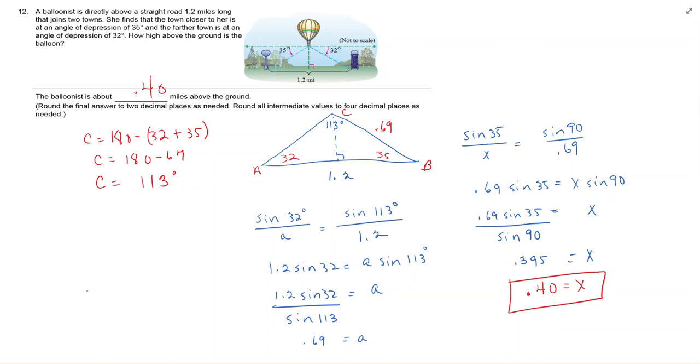So the first thing I would say to do is we need to draw this as a triangle, which I did here. And how do I know that this is 32 and this is 35? Actually, I've drawn it backwards. It will work either way. But if the angle here is 35, then this one is 35 because they're parallel lines.